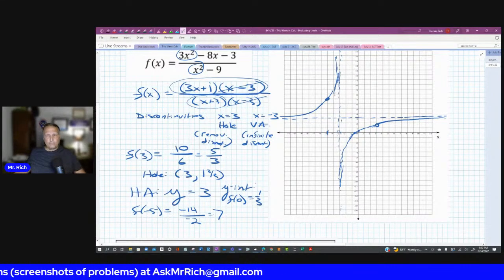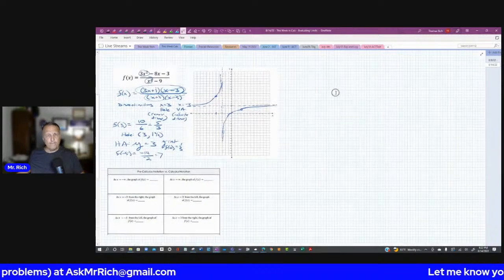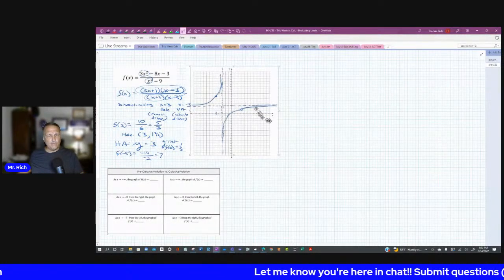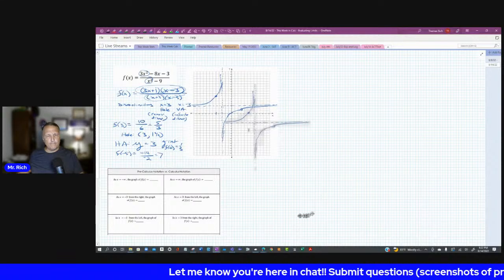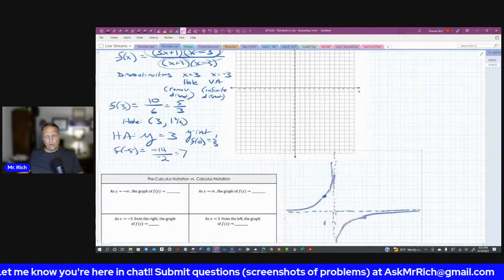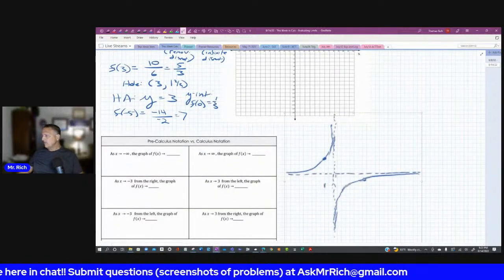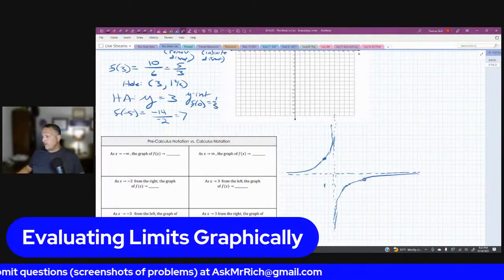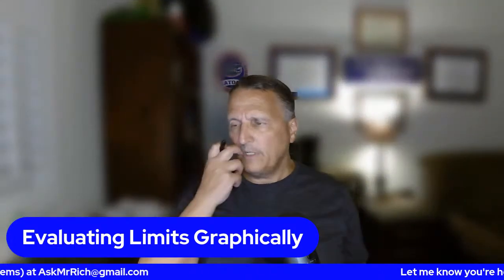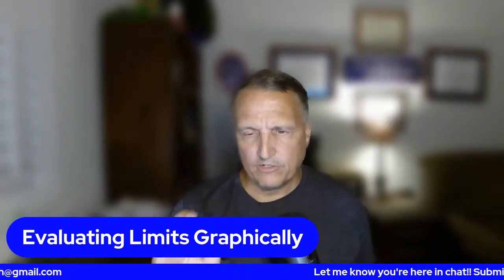Now, working with this graph, let me see. I think I could maybe move this whole thing, capture all of that, bring it down here. Yeah. So now I want to take a look at evaluating limits graphically. So we're going to take a look at this graph that we just sketched.